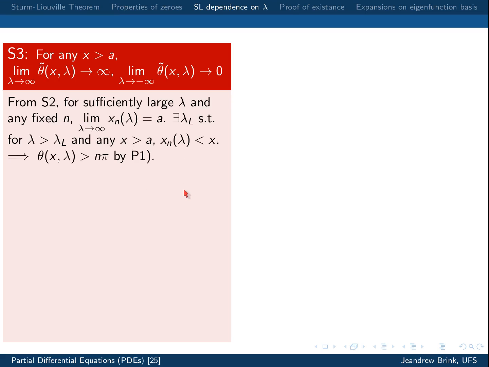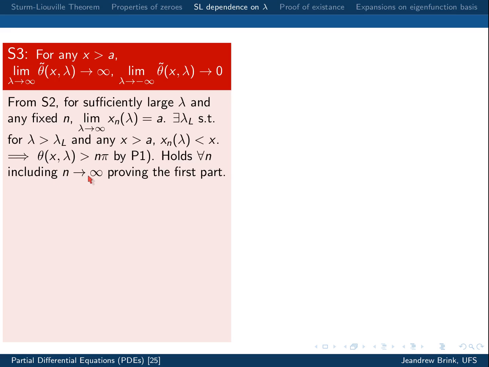Okay, and that would then imply that at x, theta of x lambda is greater than n pi, and that would hold for all your zeros, including the zeros as n goes to infinity.